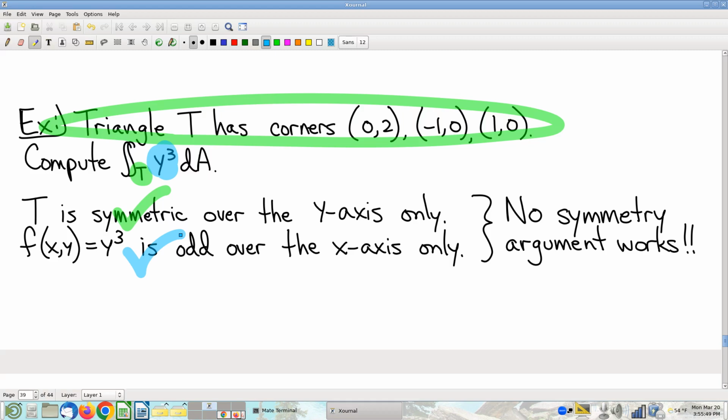There is no symmetry argument, because the symmetries are over different lines. The domain is symmetric only over the y-axis. The integrand is odd only over the x-axis. So neither symmetry argument, y-axis nor x-axis, works. There is no symmetry argument.